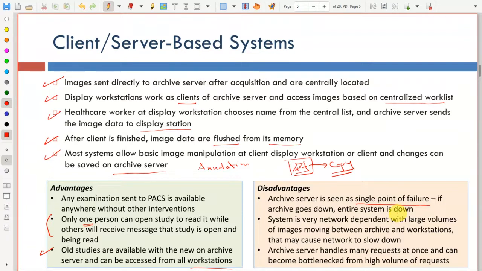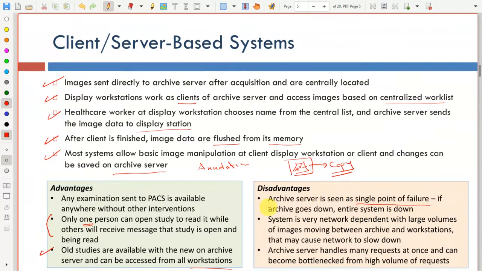If anything happens and this archive server needs maintenance or repair, because physical damage can happen, and sometimes software upgrades must be done with the server down, then you have to stop everything. So this is definitely a disadvantage.